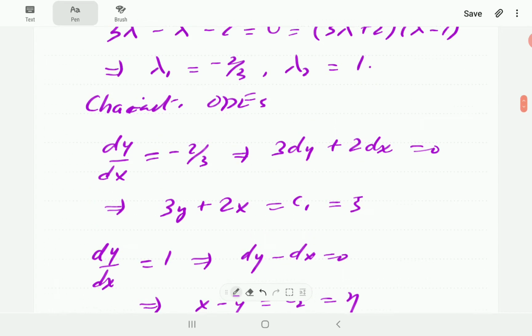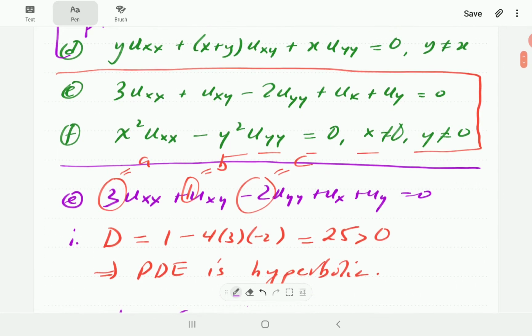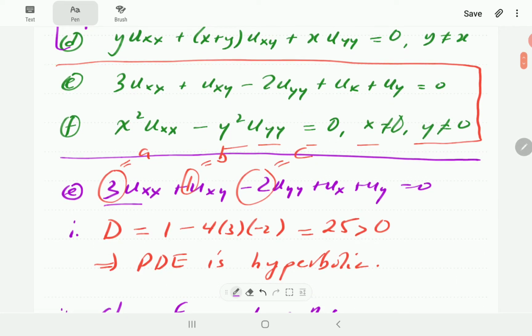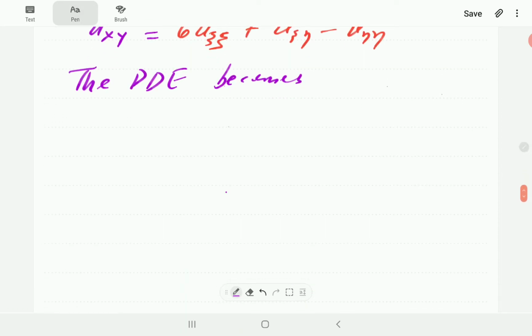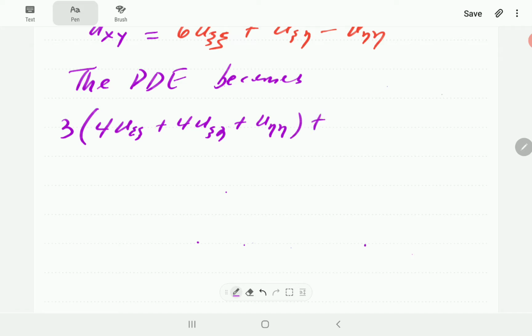Okay, so we got 3uxx plus uxy minus 2uyy. So we're going to have 3uxx, which we just worked out is 4u xi xi plus 4u xi eta plus u eta eta.